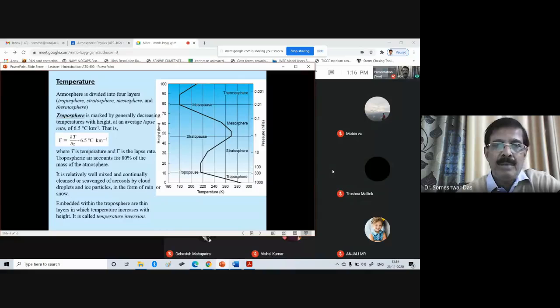The same convention is followed not only all over the country, but all over the world. All countries are supposed to launch radiosondes at 5:30 in the morning and 5:30 in the afternoon.